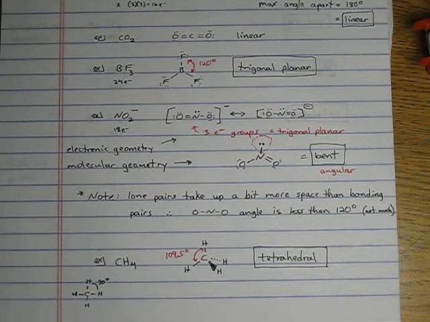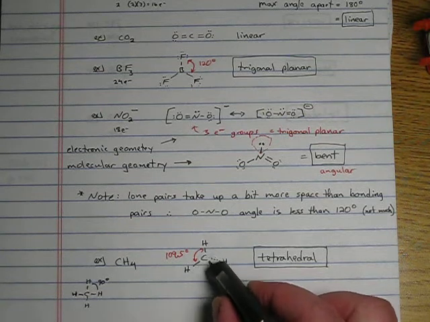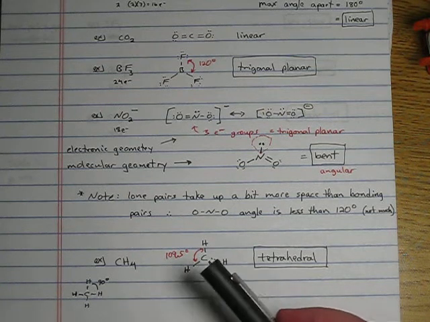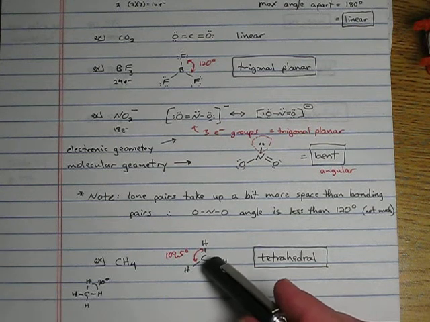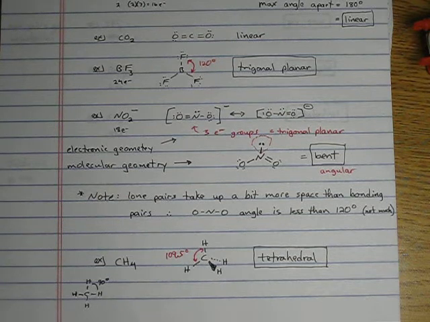If I could make this pen into that carbon-hydrogen bond, it would be coming out like this. So it's not flat in the paper, it's coming down away from that carbon, but out towards the viewer a little bit. That's what the wedge means.